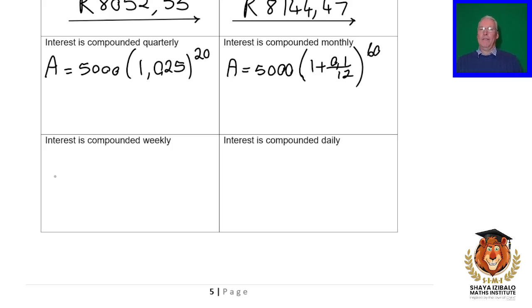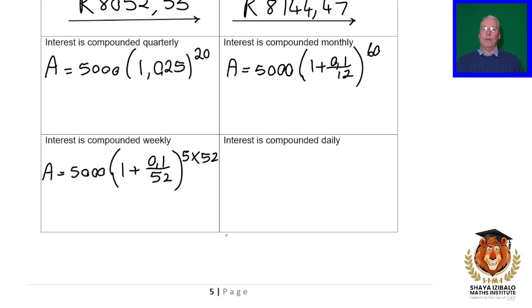For weekly, 5,000 times 1 plus 0,1 divided by 52, as there are 52 weeks in a year, and the exponent is 5 years times 52. That's how many times the interest will get calculated.